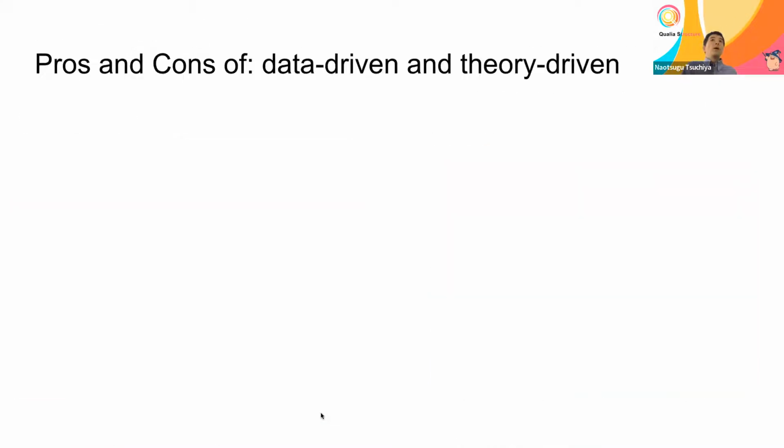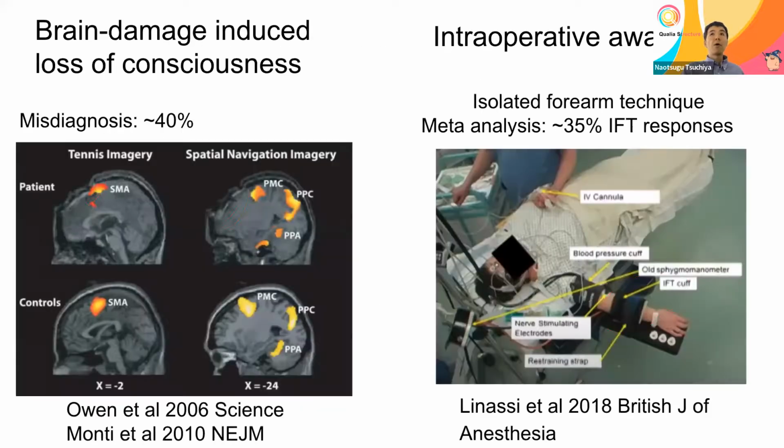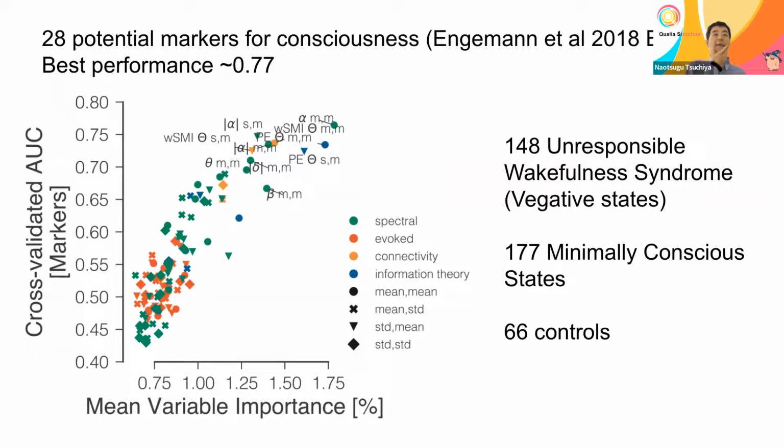So for this reason, many people have started to work on the detection or discrimination of conscious versus unconscious states, or detection of consciousness, using various neuroimaging tools.